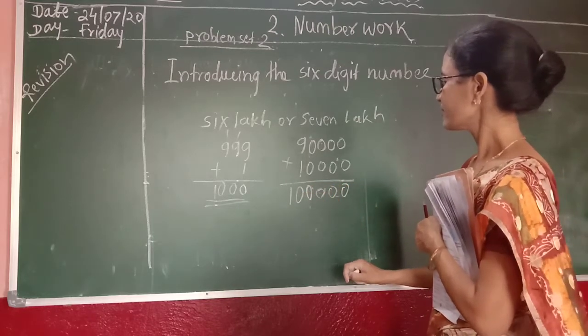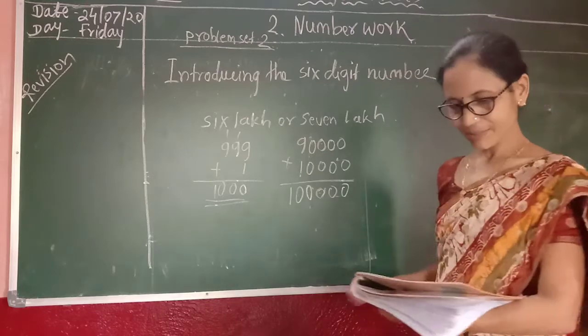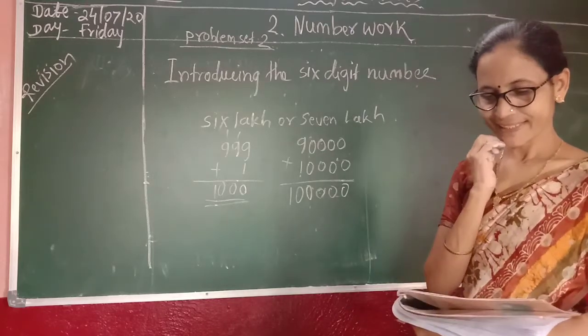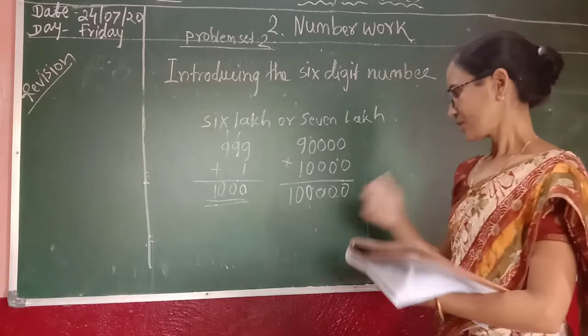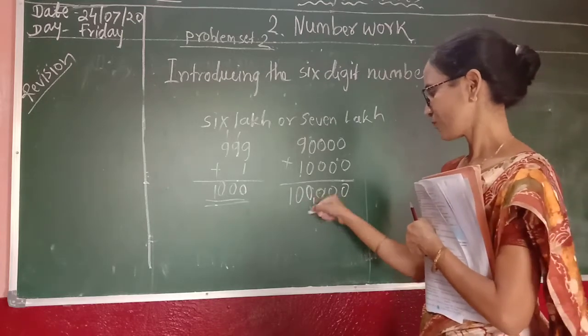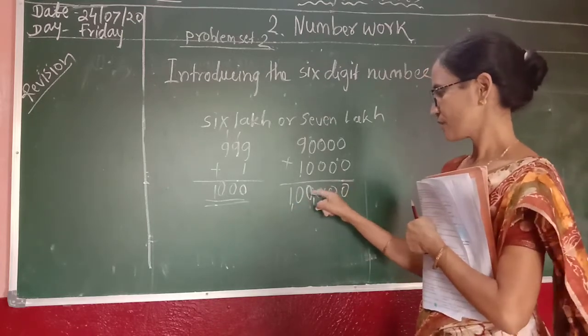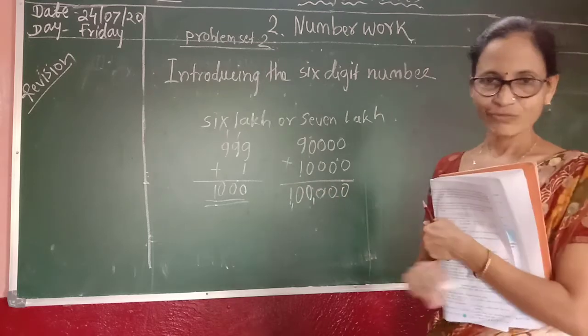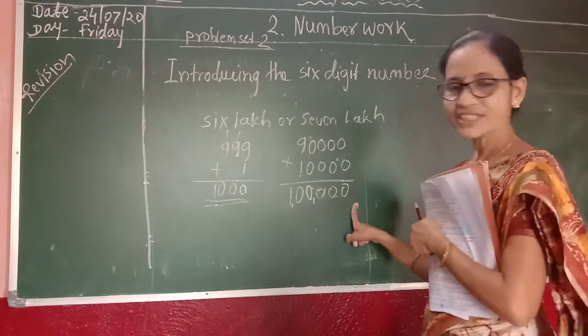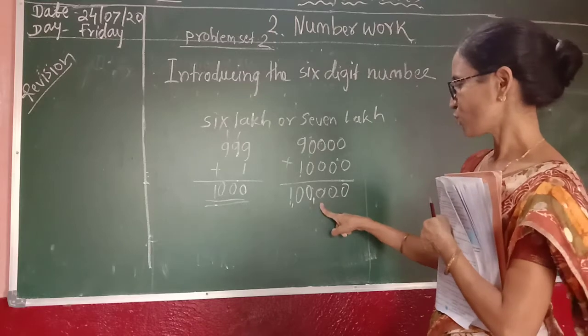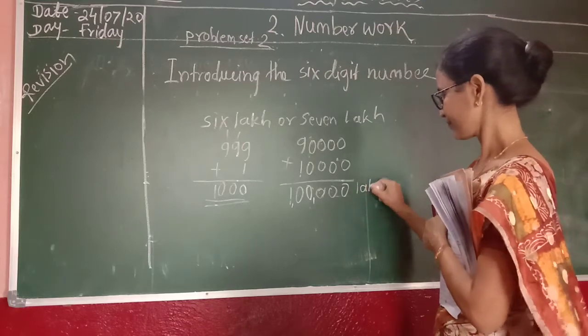Which number comes here? 10 lakh. Now 1 lakh. 1, 2, 3, 4, 5, 6-digit number. Which number comes? 6-digit number. This number is called lakh.